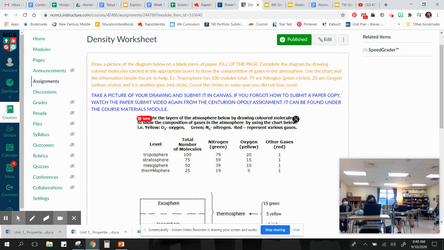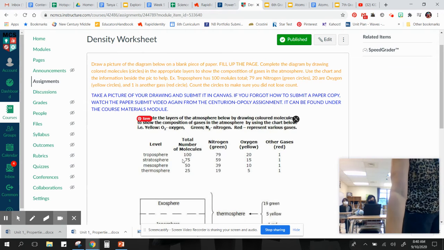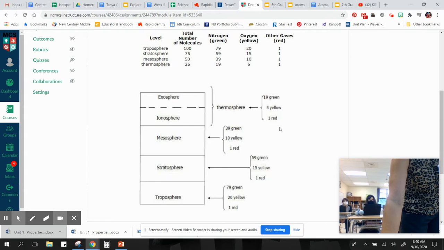Okay, then you are going to complete the diagram by drawing colored molecules in the appropriate layers to show the composition of gases, or what gases are in each of those layers. You're going to use this chart here and the information beside the picture, which is right here.